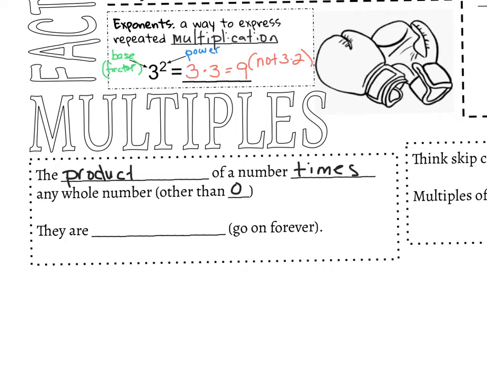The thing about multiples, if you think about that word multiple, it keeps happening, right? So if you think about multiples, they are unlimited, meaning they go on forever. There is no limit to the number of multiples that you could find for a number, unlike factors, which are limited.